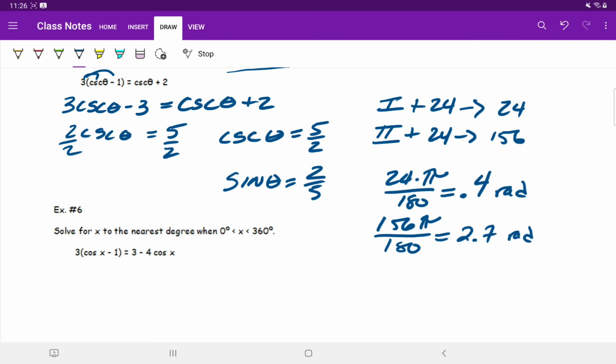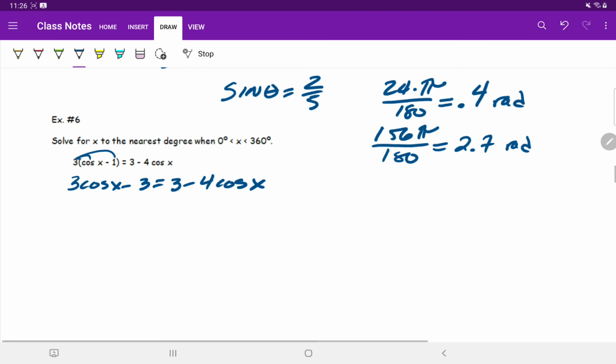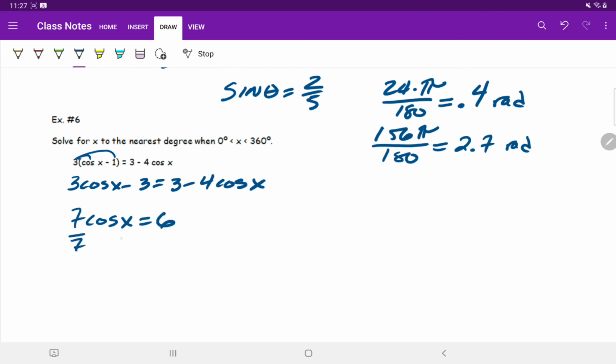All right, last example here. You can distribute: 3 cosine x minus 3 equals 3 minus 4 cosine x. Let's move things around. This becomes 7 cosine x equals 6. Divide by 7.